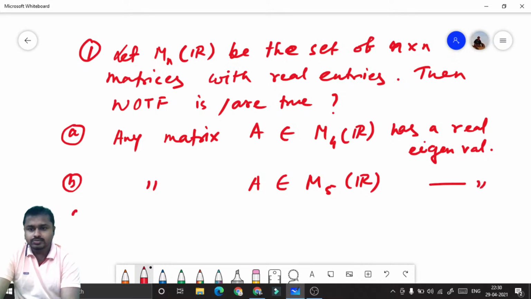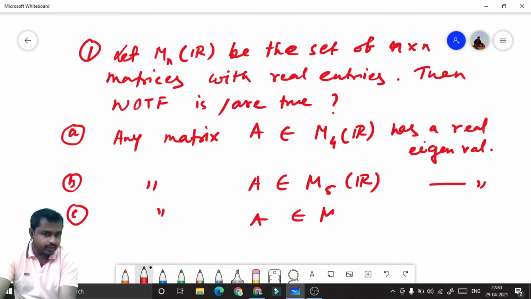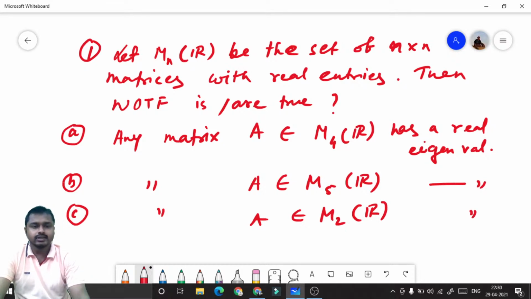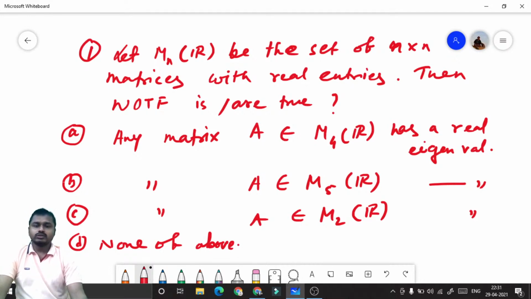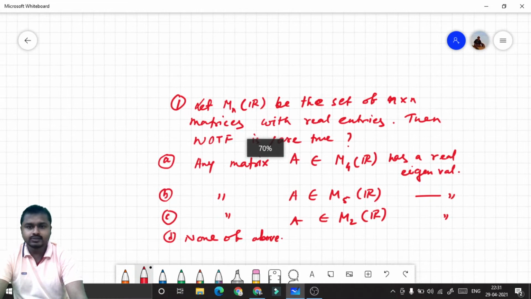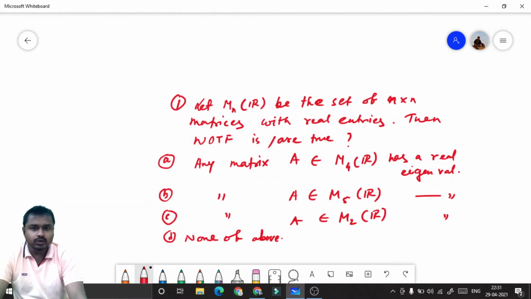Option C says that any matrix A from M2(R) has a real eigenvalue. And option D, none of the above. So this is our first question, and let's discuss how to proceed with such kind of problem.